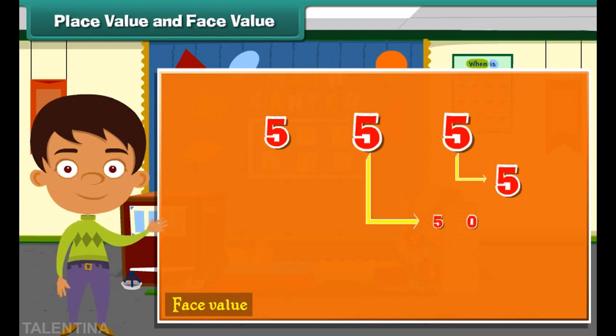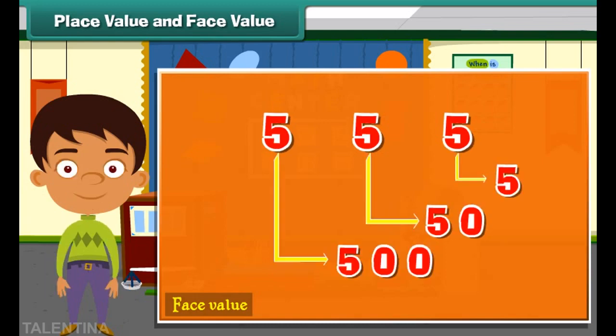Face value of a digit is the digit itself. The face value of digit 5 in number 555 is 5 at each place, but the place value of 5 is different at each place. Moving from left to right, the values of the three fives in 555 are 5, 50 and 500.